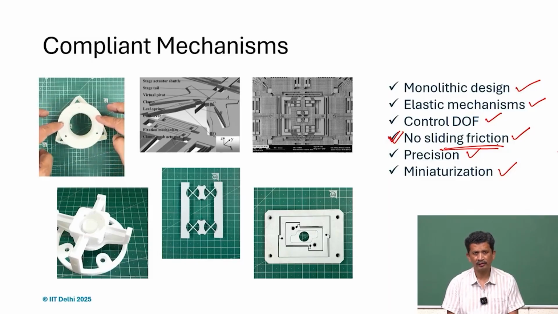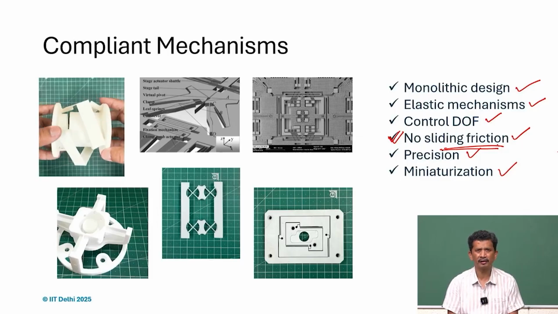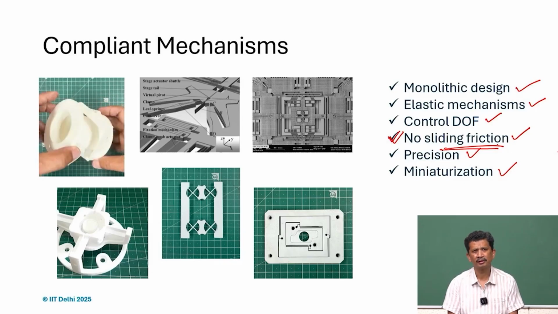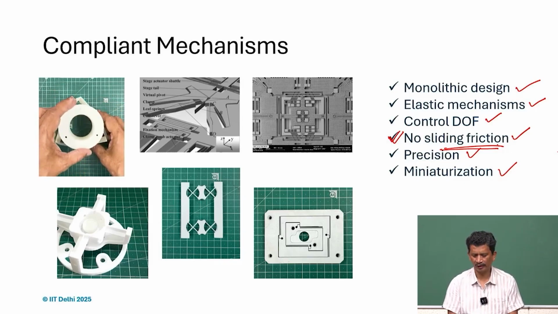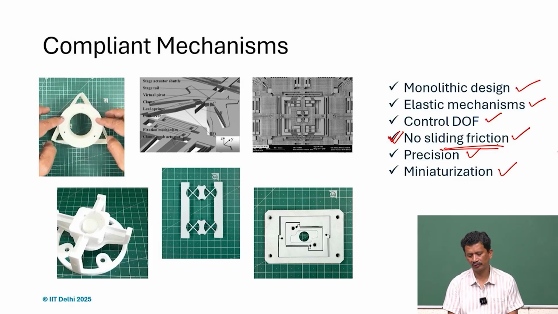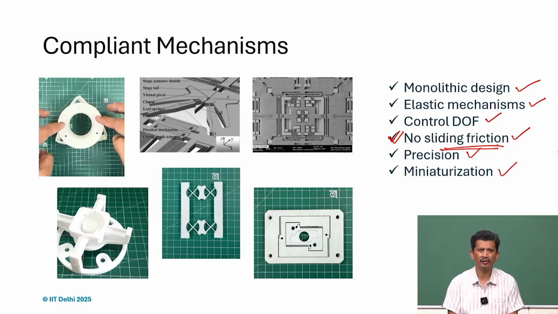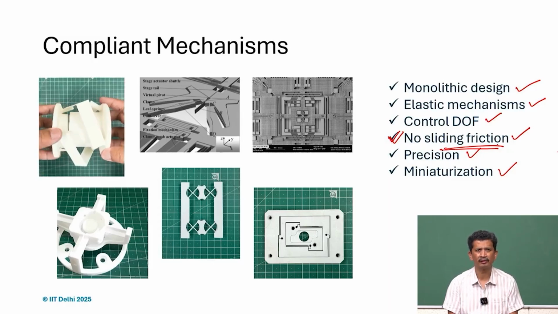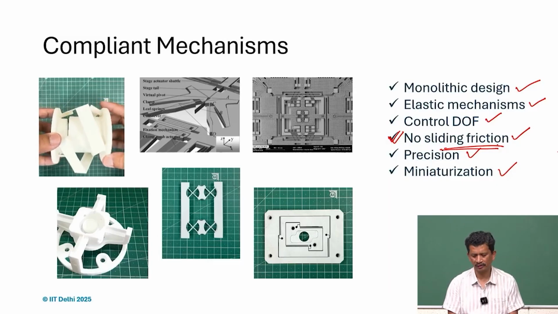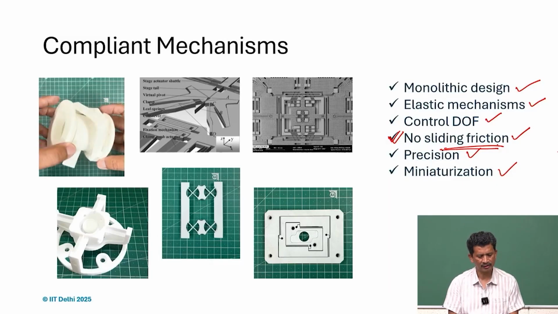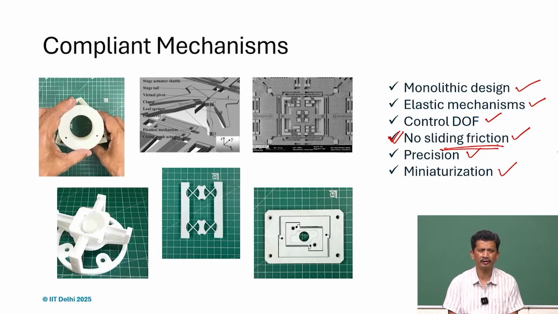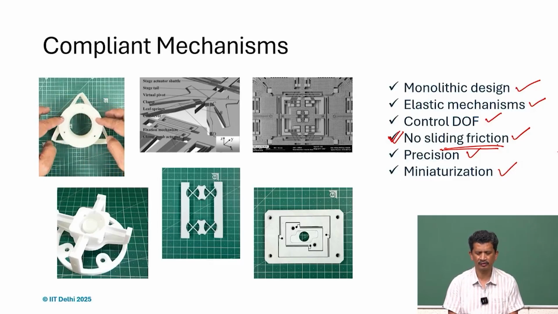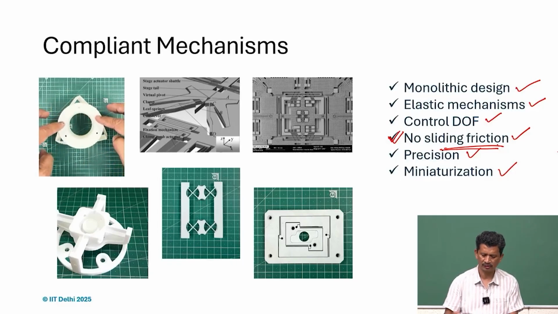So I think we'll look at what the characteristics are and how it deteriorates the performance. And of course it has certain advantages in terms of damping, but otherwise it creates a lot of problems when it comes to achieving precision or better repeatability.